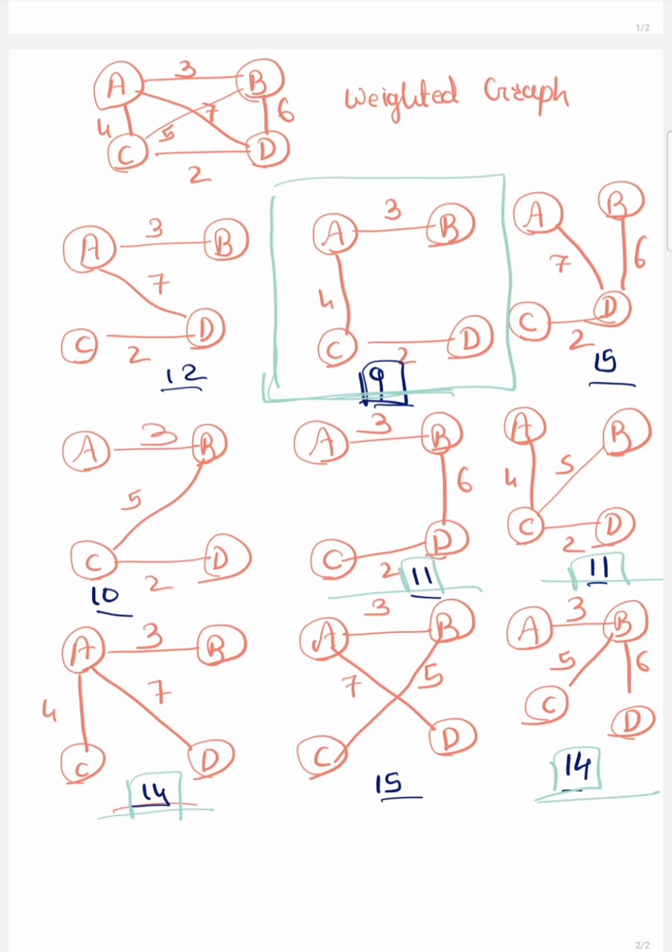If two of your spanning trees have the lowest value, then both of them would be considered minimum spanning trees. Otherwise the one with the lowest value we consider as the minimum spanning tree. So I hope you understood the concept of minimum spanning tree, how to draw the spanning tree and how to find the minimum spanning tree.